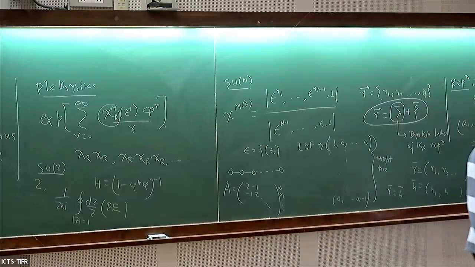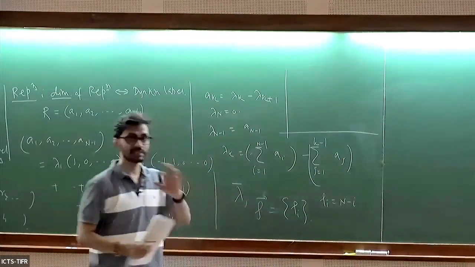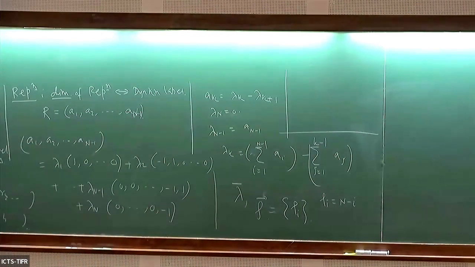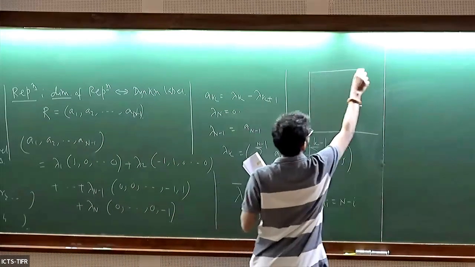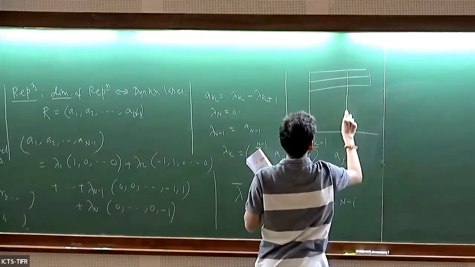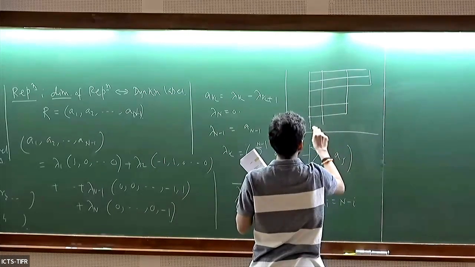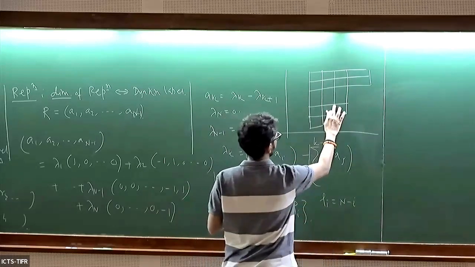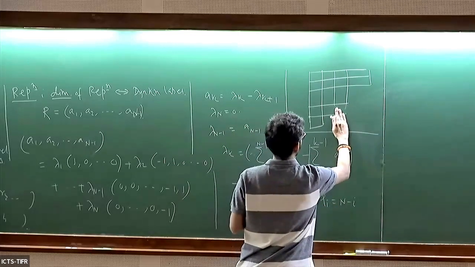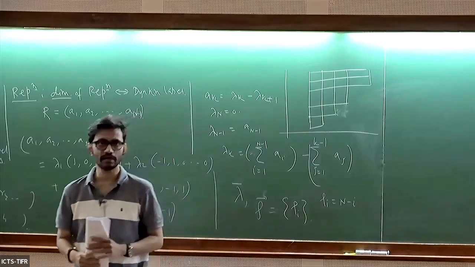There's another interesting interpretation of this lambda, which is from the Young diagram, because that's what you are familiar with. I will tell you why that interpretation will not be very useful for us, but it's useful to know. For example, for any SUN, let's say this is my Young diagram.